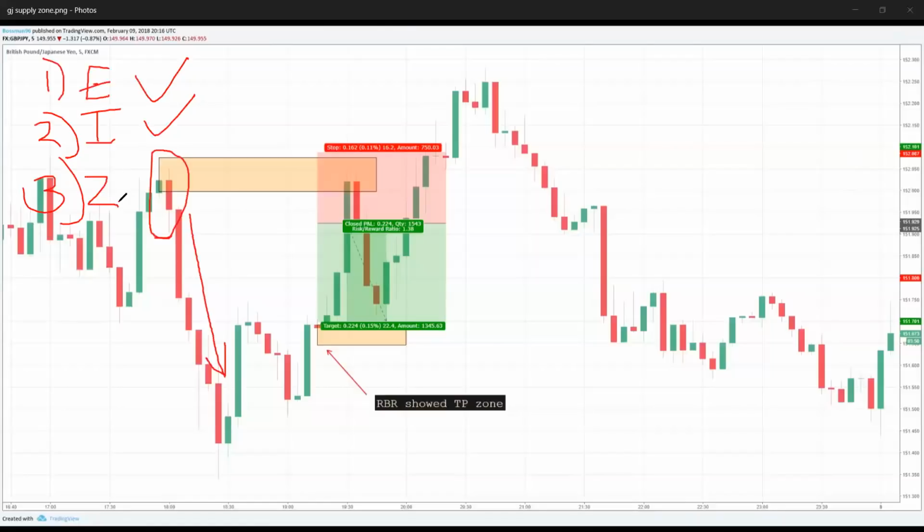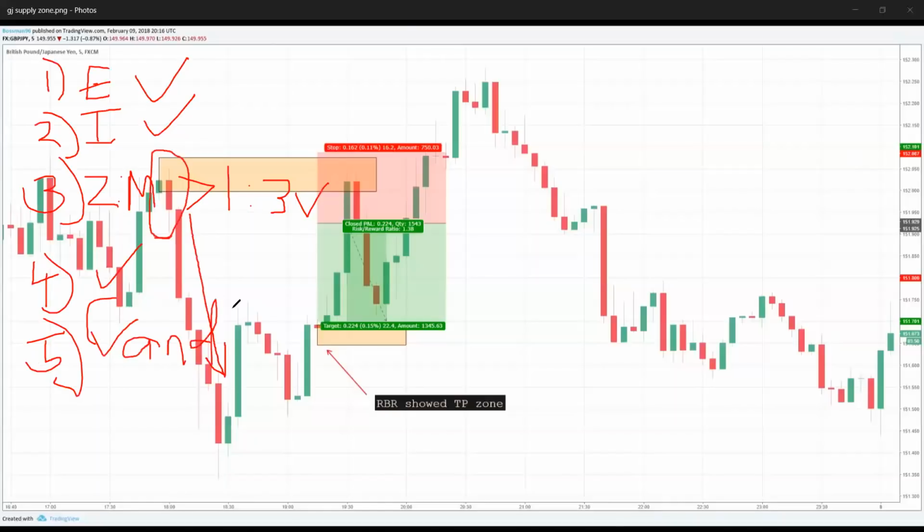Zone to move ratio is greater than 1:3. So that's a check, right? Then 4, the price came back to the zone fast, so that's a check. Then we go to 5. 5 is candle closed in the zone, check. Candle close.